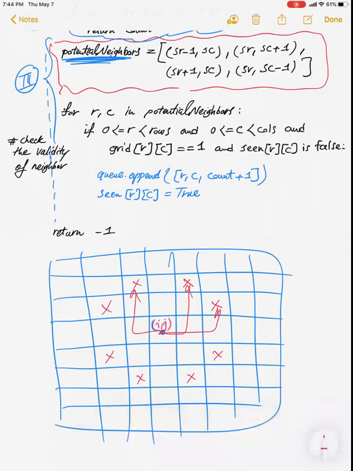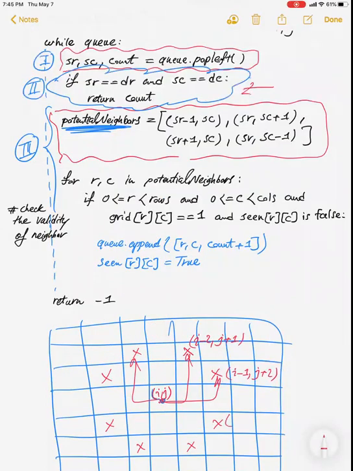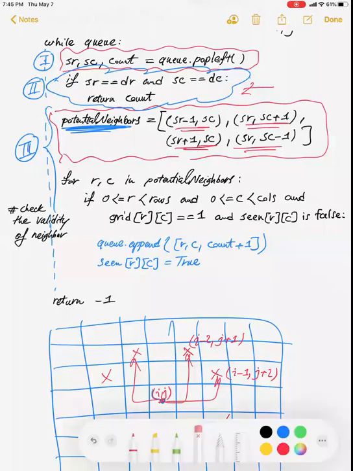So if we have I and J, the top one is I minus 2, J plus 1. And this one is I minus 1, J plus 2. You can simply write all of these, and instead of 4 pairs here, you will have 8 pairs. The only place you need to change is here.